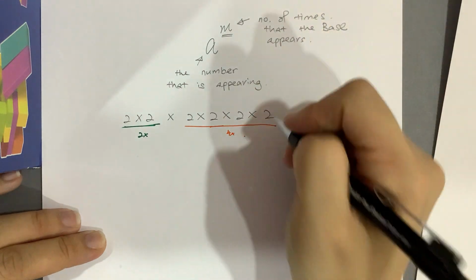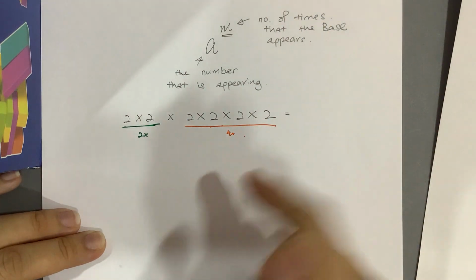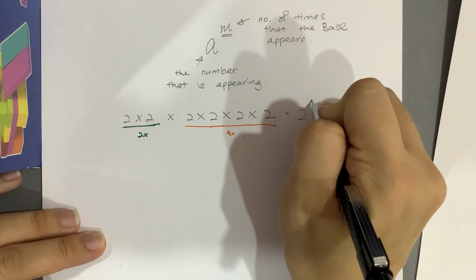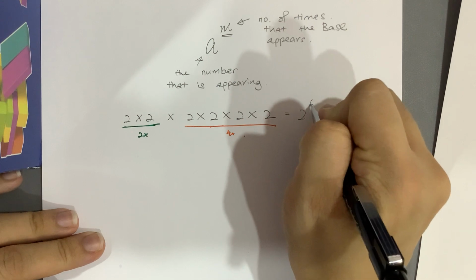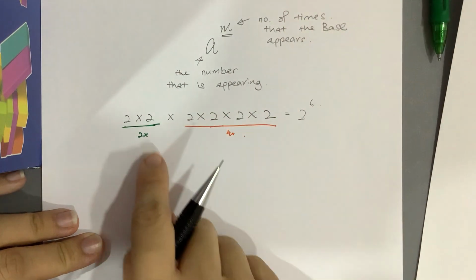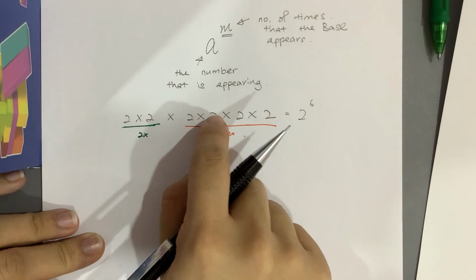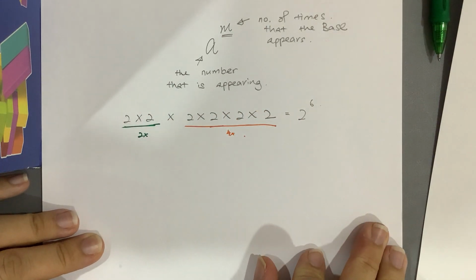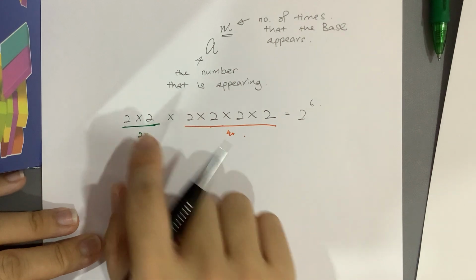So in total it appears 6 times, which is 2 to the power of 6, because 1, 2, 3, 4, 5, 6.